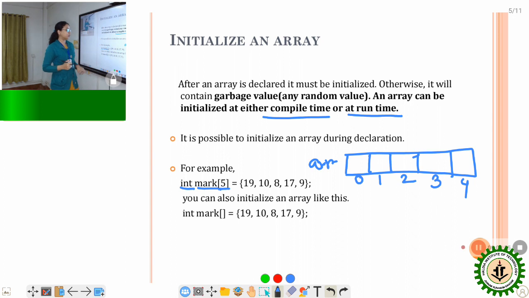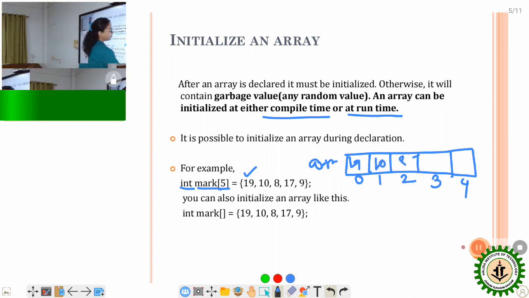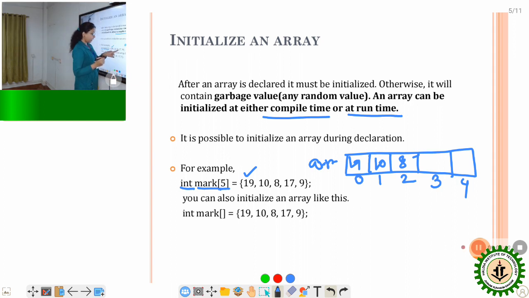And the value, now we initialize this value. So 19 is the first position, that is at the index 0. Then 10 is at the position 1. 8 is at the position 2. 17 at the position 3 and 9 is at the position 4.